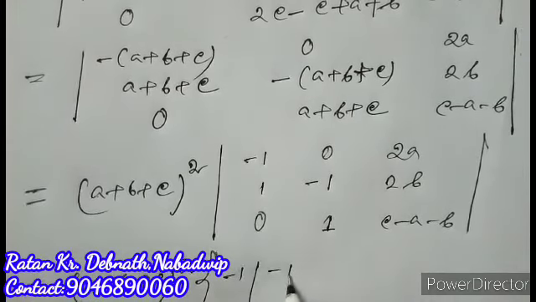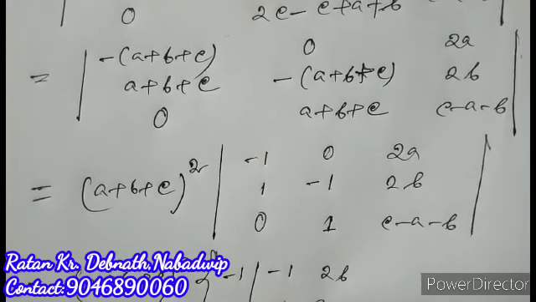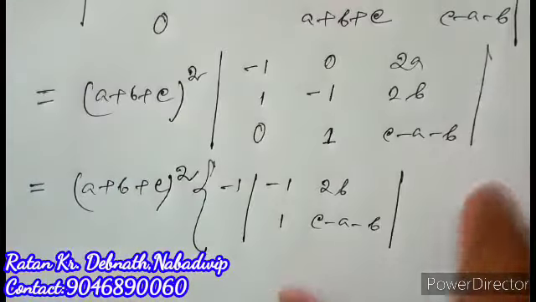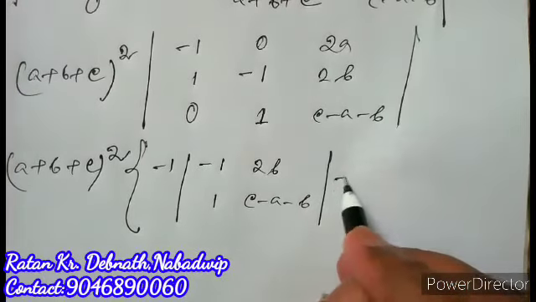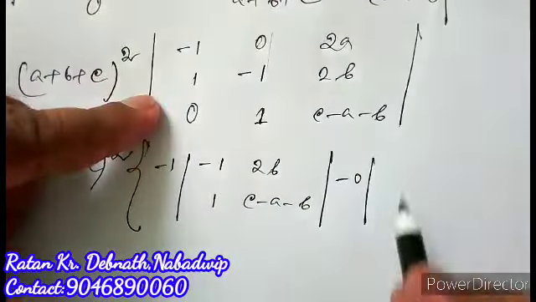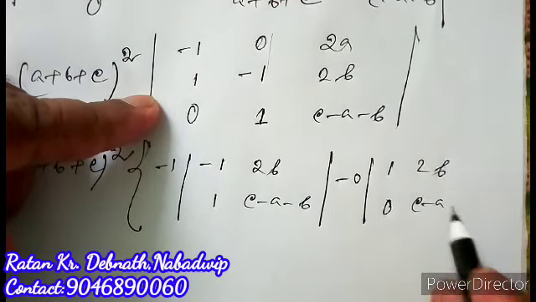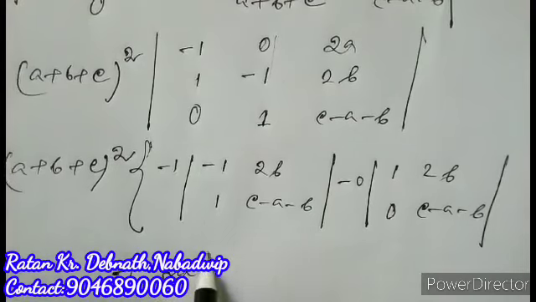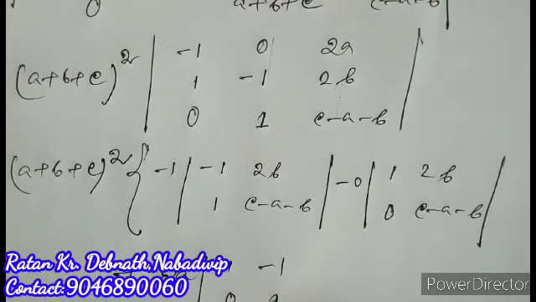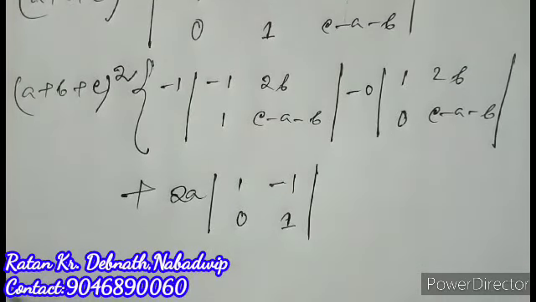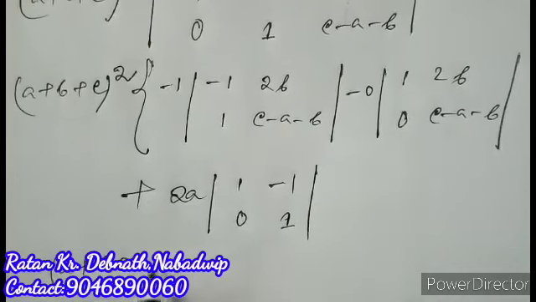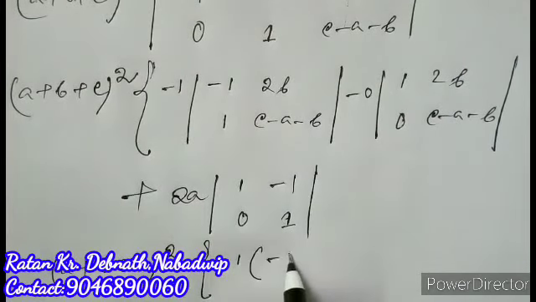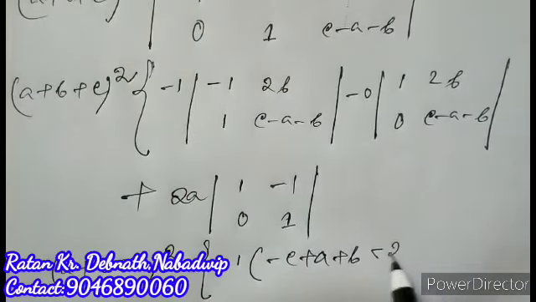Minus 1 into, minus 0 into this column, this row suppressed, 1 0, 2b, c minus a minus b, and next 2a, 1 0, minus 1 1, a plus b plus c whole square, minus 1 into minus c plus a plus b minus 2b.